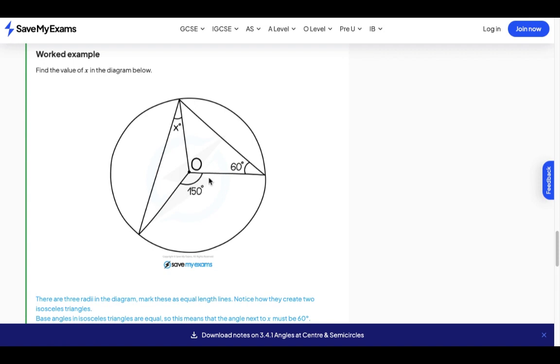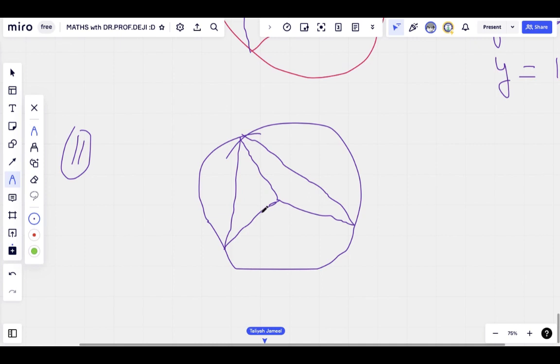So we have here a 150 degree angle at the center, standing on this arc. Angle at the center is 150 degrees. Here they give us x, and then here I think they gave us 60.